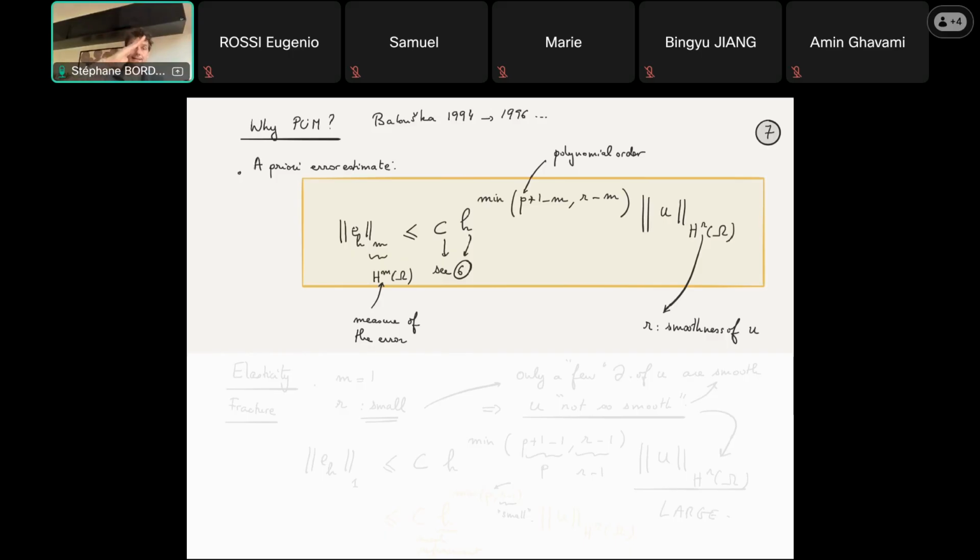And then the height of that curve, not the slope, is governed by this power, right? It tells you how far you're going. You're in a log plot, by the way, how fast you're going to 0. But the height, as I'm showing here on the screen with my hand, is governed by the constant which is there, which you don't know, and the norm of that u, which you also don't know, you cannot usually compute. That's not computable, because you don't know the exact solution. But it's going to be given not the slope, but the height.